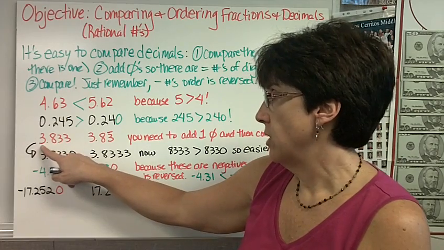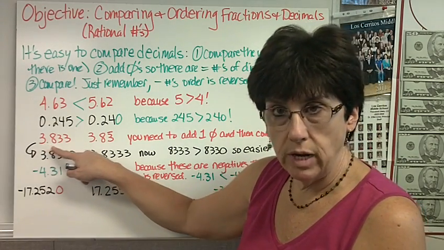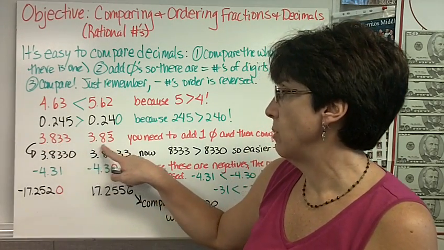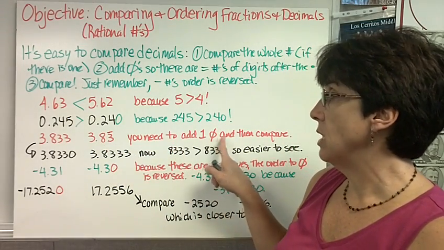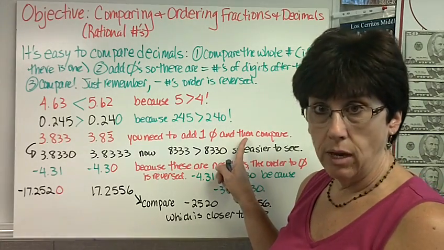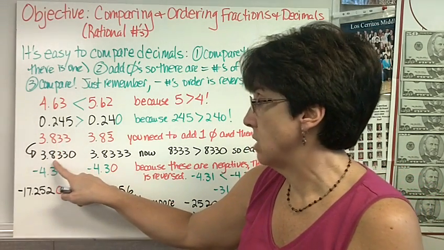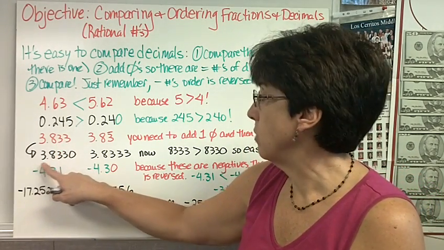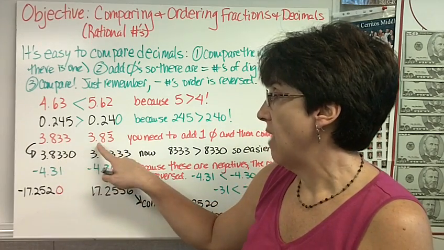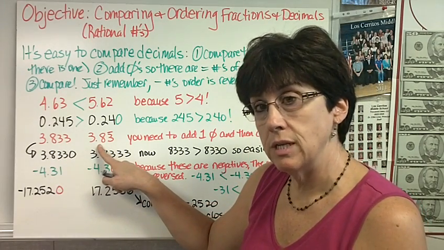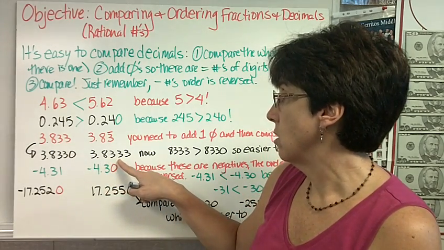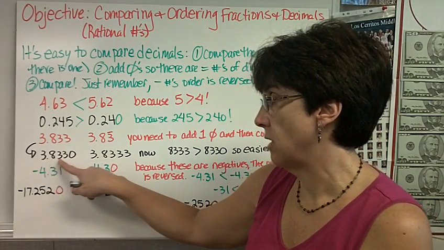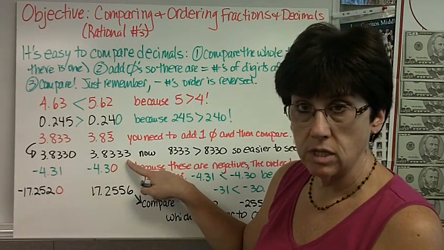What if I have 3.833 versus 3.83 repeating? Here we need to add one 0 and then compare. So I'm going to add a 0 to this side, so it's 3.8330, and then I'm going to carry out my number of repeating decimals so I can compare: 3.8333. 4 digits after the decimal point, 4 digits after the decimal point.